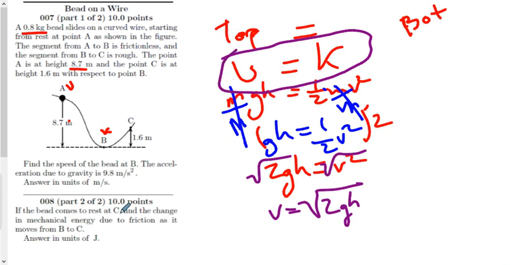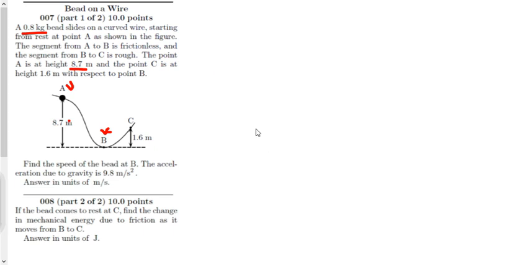All right, I'm going to clear this and then do number 8. Now they just want to know the loss of energy between A and C. So there's a lot of information that you don't need. It's not asking for speed. We do need mass, though, because we need to know how much energy is lost.